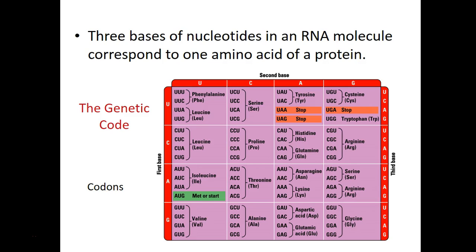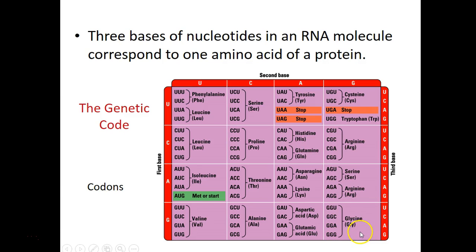And it's simply this, that if you have a uracil followed by a uracil followed by another uracil, you will be coding for the amino acid phenylalanine. On the other hand, if you had adenine, cytosine, and uracil, you would be coding for threonine. If you had GGG, guanine, guanine, guanine, you'd be coding for glycine.